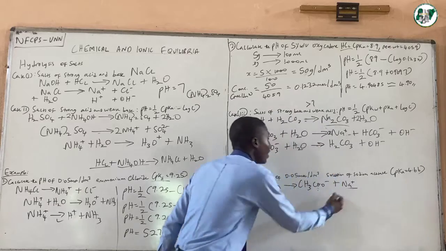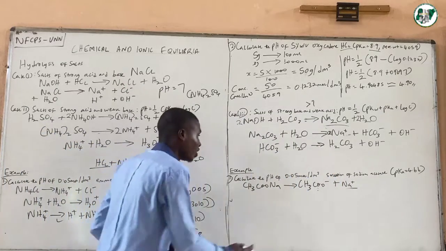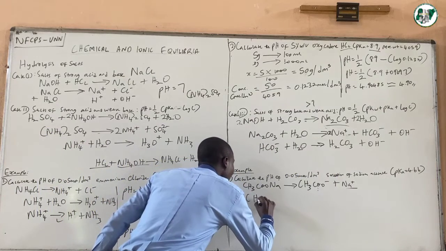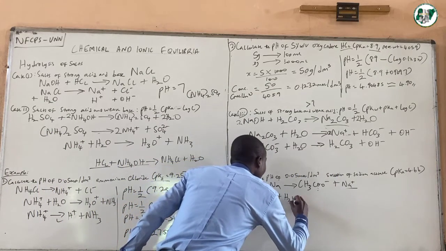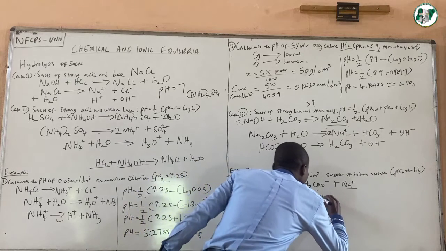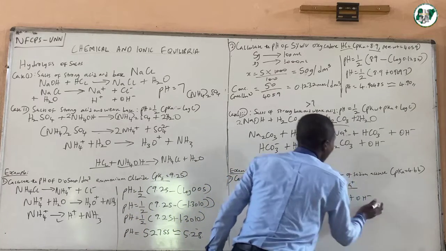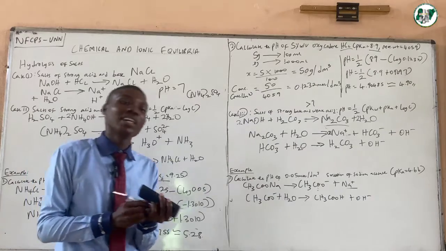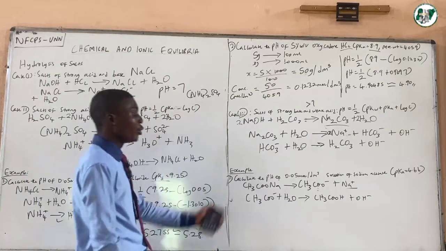Remember what we said about the cations of strong base, they do not cause any change in pH. So we have CH3COO- plus H2O yielding CH3COOH plus OH-. So more OH- ions will be released into the solution, thereby causing the pH to be greater than 7. So let us solve for this.